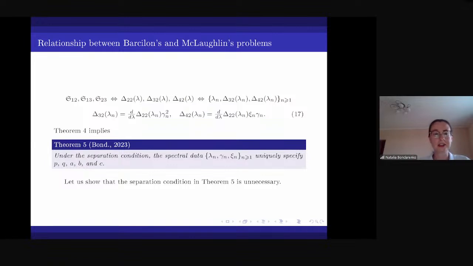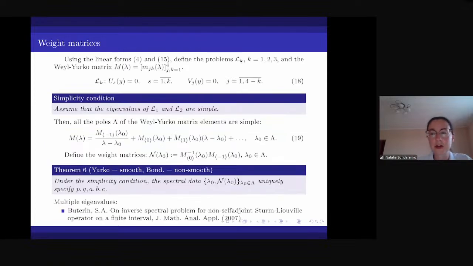But what is interesting is that for McLaughlin's problem, the separation condition is unnecessary for the uniqueness. Let us consider this problem without the separation condition by using a slightly different technique.